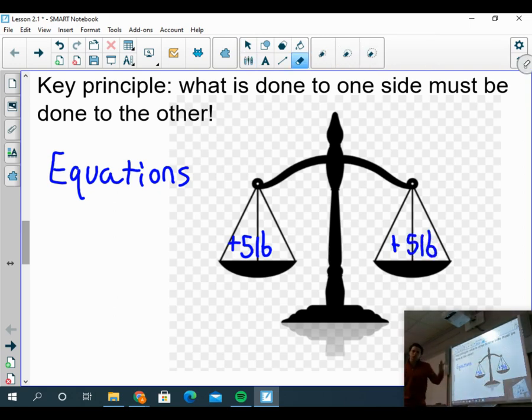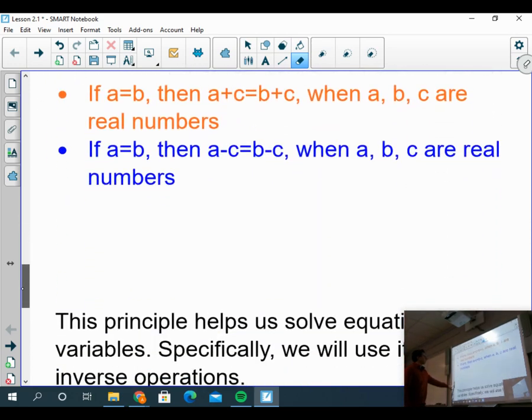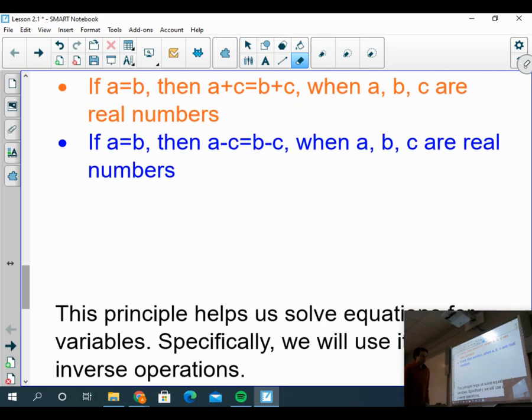The same is true with equations. We are going to be manipulating equations, which we'll get into in a bit, why we're manipulating equations. But if we make a change, a manipulation to an equation, to keep it equal, you must do the same or an equivalent manipulation on the other side. And again, we're going to dig into that here. But first, let's start with this principle.